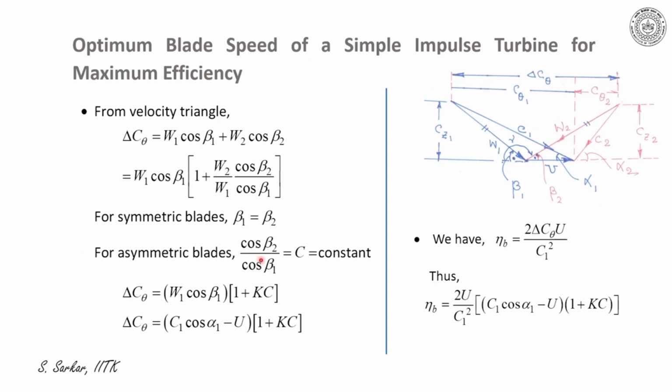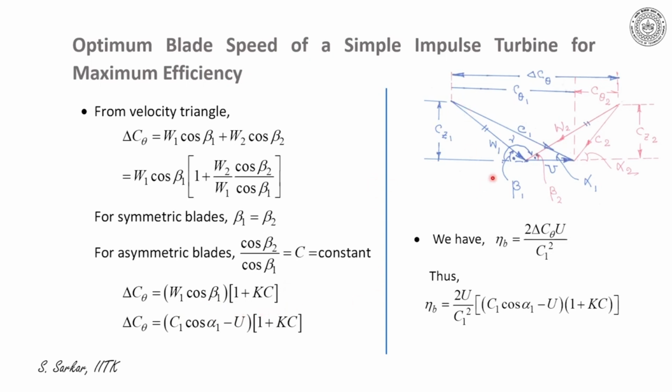So I can consider cos beta 2 by cos beta 1, the ratio being some constant, which is represented here by C. Furthermore, I know W2 by W1 is equal to K, which is the frictional coefficient. Thus, delta C theta is equal to W1 cos beta 1 within bracket 1 plus K into C.